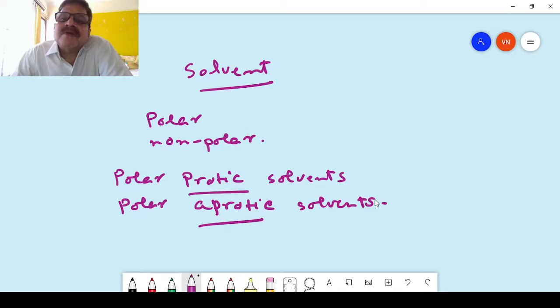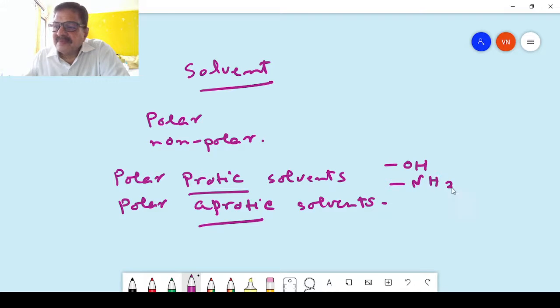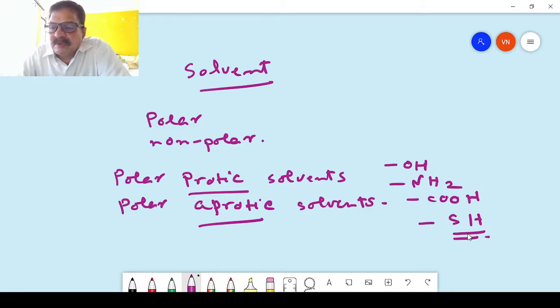Compounds with active hydrogen contain functional groups like OH, NH2, COH, and SH. All these functional groups are there. The most common polar protic solvents are water and alcohol.